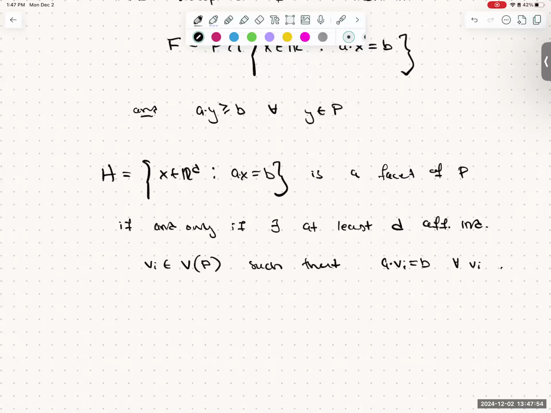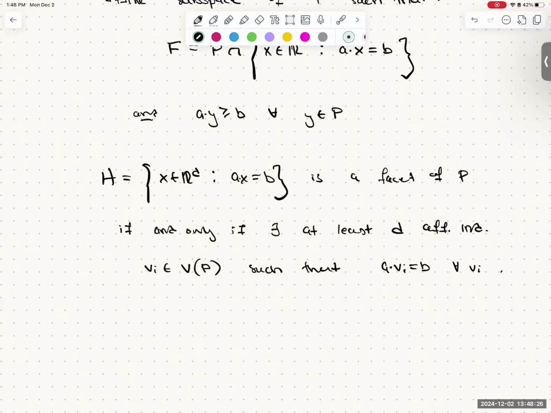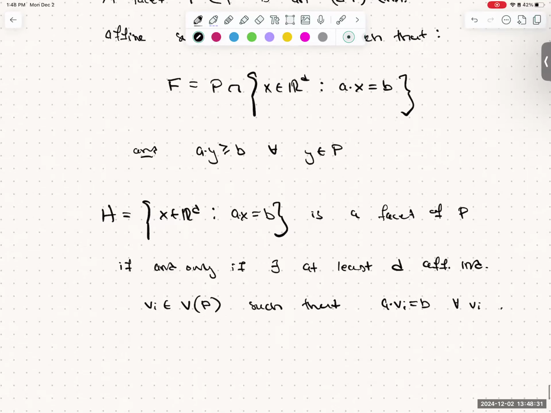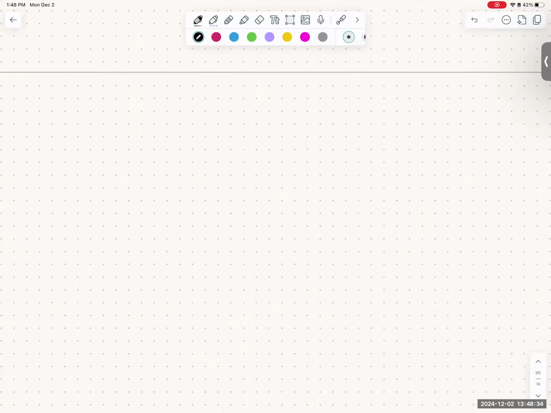A point is a vertex if and only if it's tight, so it satisfies at least D inequalities with equality, and those inequalities have to be linearly independent. So here you have a similar dual notion. Something is a facet if you have D affinely independent vertices that saturate that facet, meaning they lie on that hyperplane. So then you have that H is a facet of P.